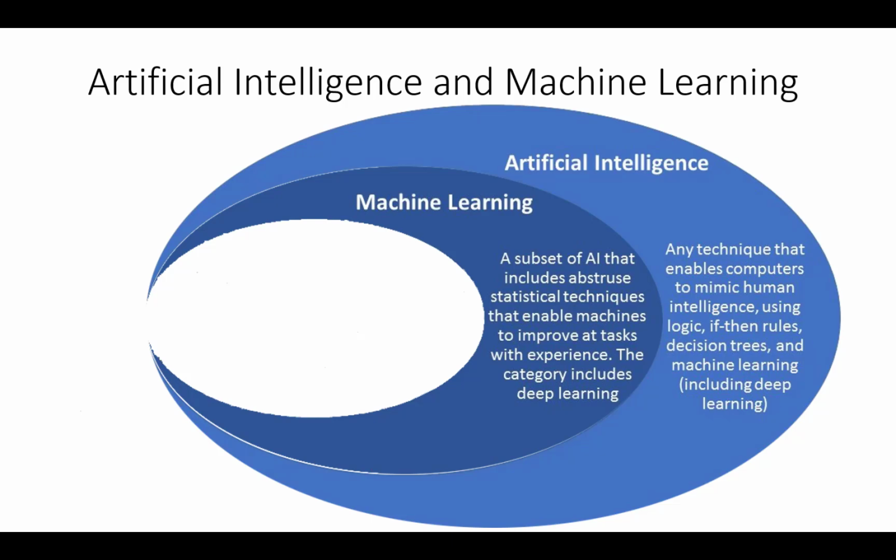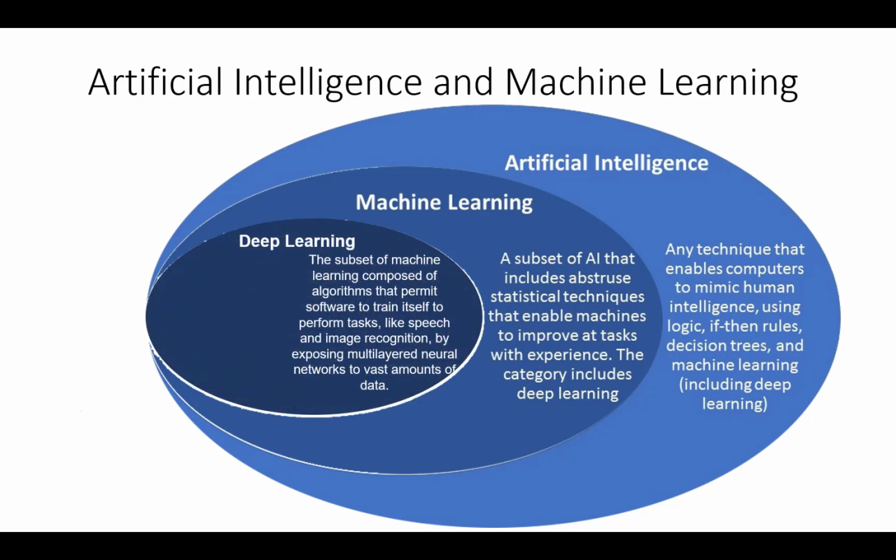The next level here is machine learning, and machine learning is a subset of artificial intelligence, where models become better and better at tasks with experience. With the vast amount of data that we have, we want to use that data in the most efficient way, and we are using deep learning for that and creating multi-layered neural networks.